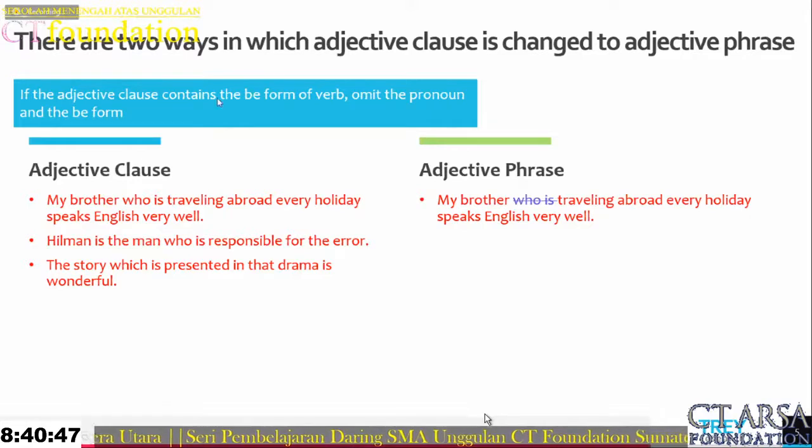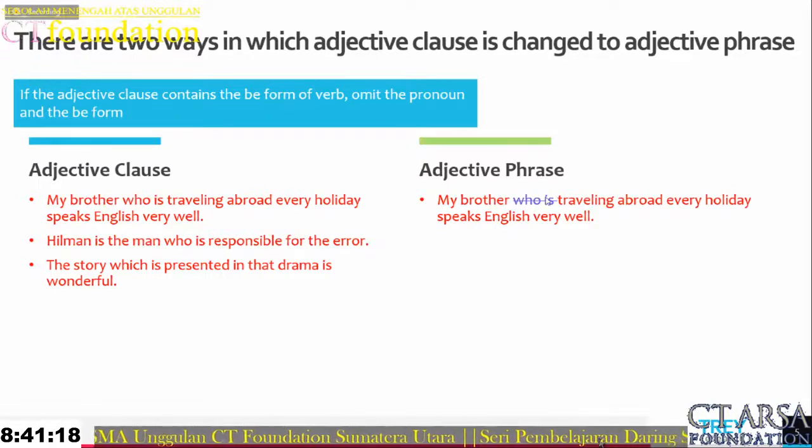If the adjective clause contains the be form of a verb, how do you reduce the clause? You omit the pronoun, which is the pronoun who, and you drop the be form. So who, we erase it, we don't use it, we take it out. Who as the relative pronoun, we take it out.